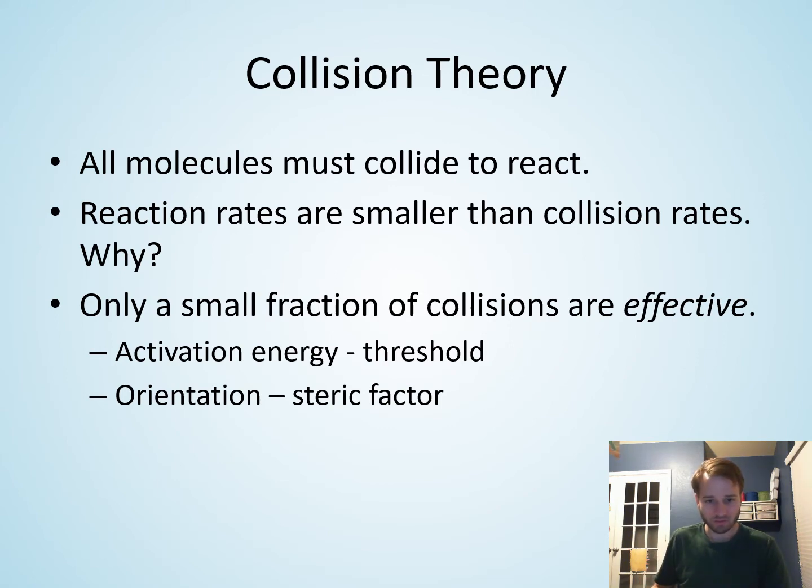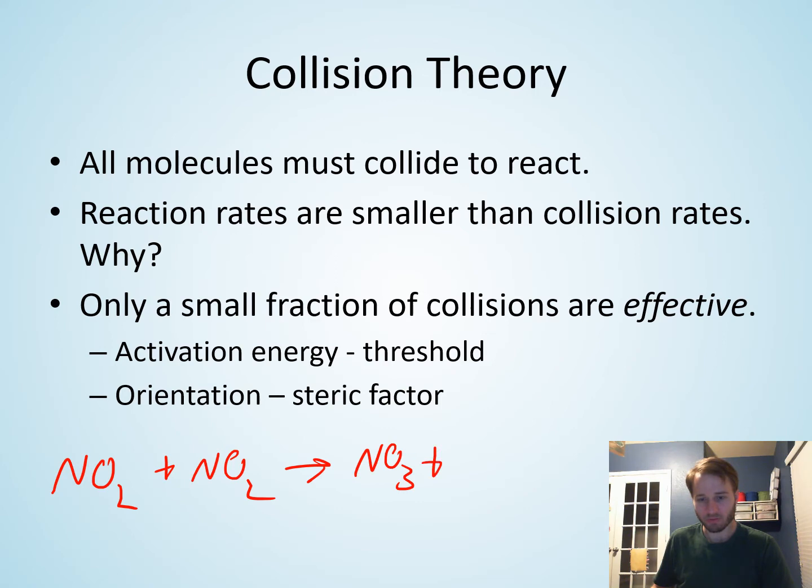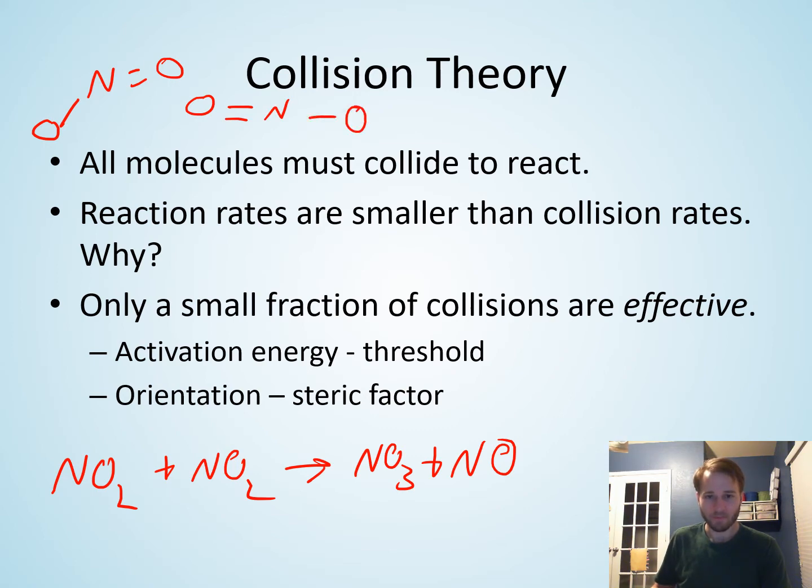So let's give an example: NO2 reacting with NO2 to form NO3 plus NO. If these two things collide where my oxygens are colliding with each other, this is not going to form some chemical reaction to form NO3.